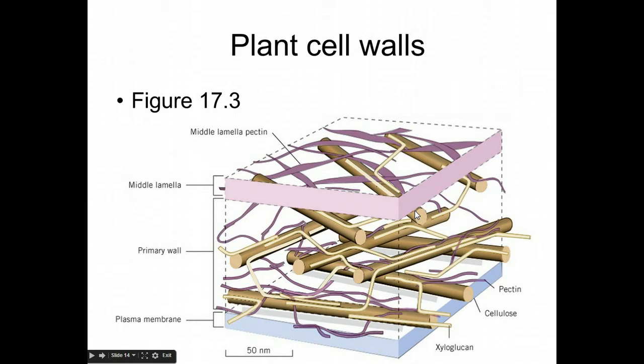Okay? And they can form covalent bonds. So those cellulose fibrils are tightly held together, and that plant cell can't expand. Okay?